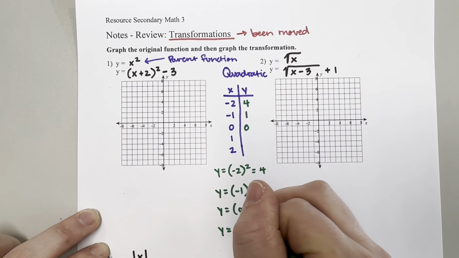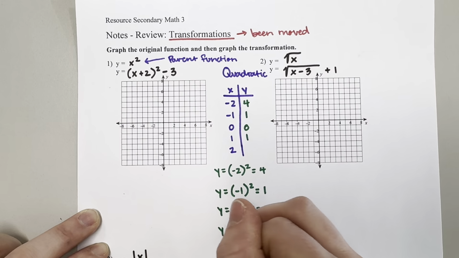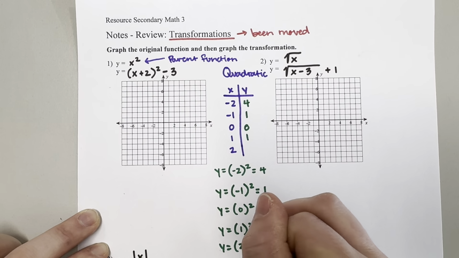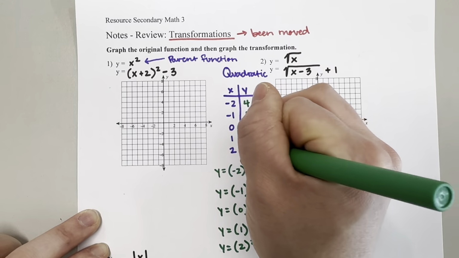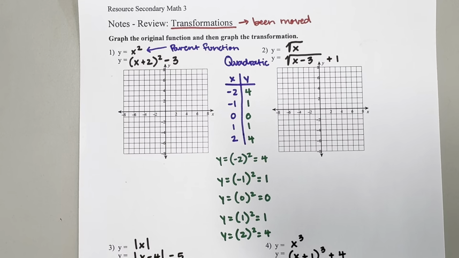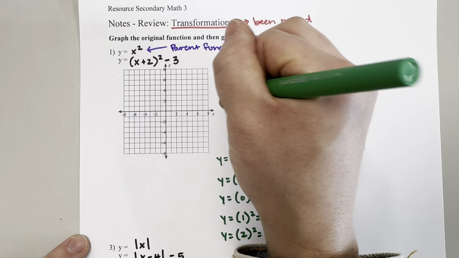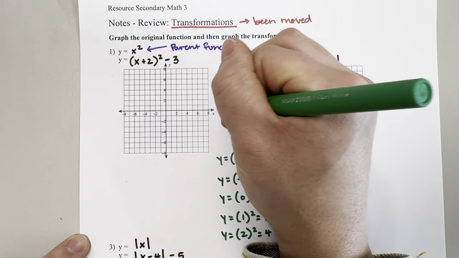Same thing when I plug in +1 squared, I still get +1. When I plug in +2, I still get a +4. So I simply just plugged in all those values for x, and I found my y's. Those are now my coordinate points for this parent function.